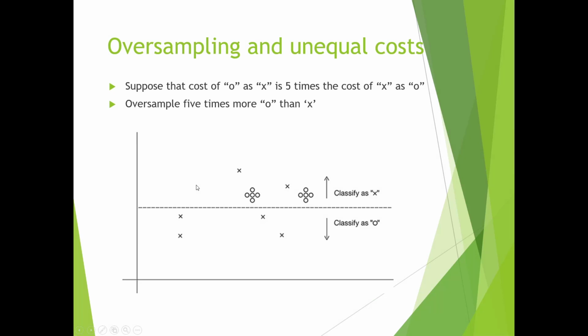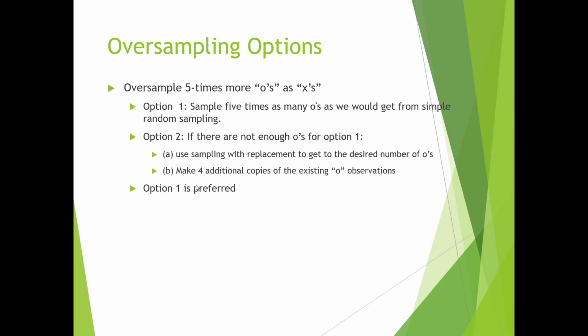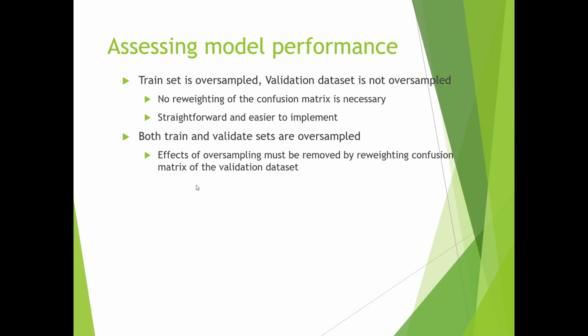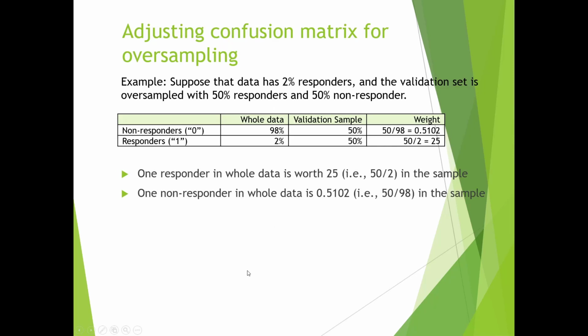Okay, so how do you fix it? Suppose the original data is 98% non-responders, 2% responders. Now your validation sample is oversampled, just like the training set, 50-50. Then you have a weight.